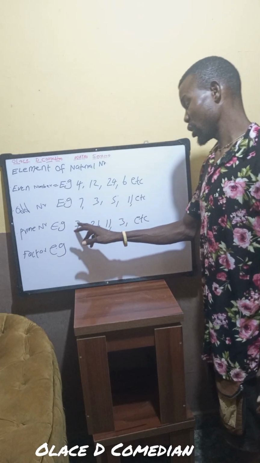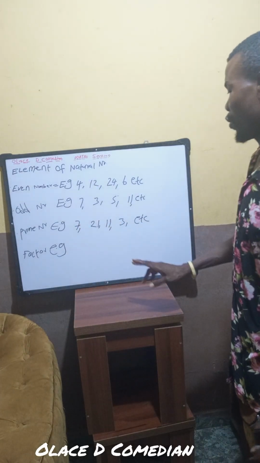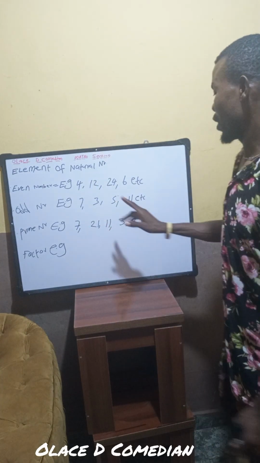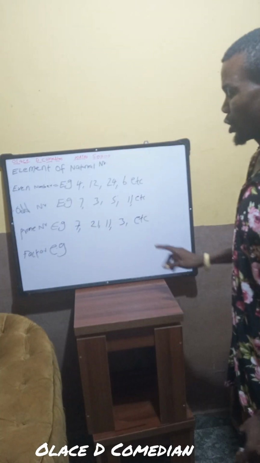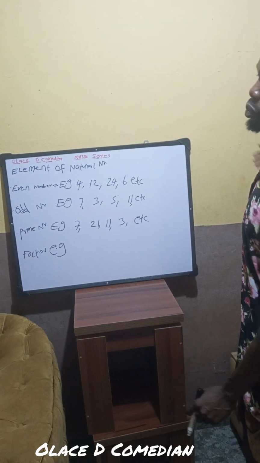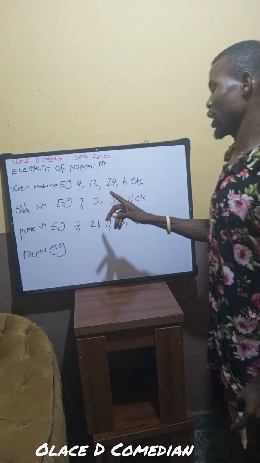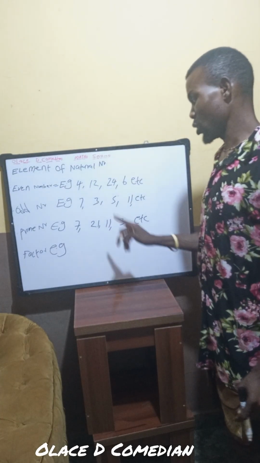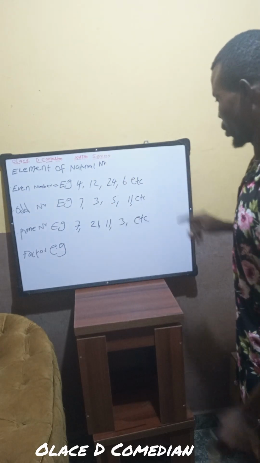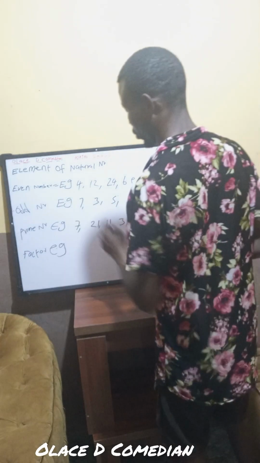This 7 can only divide itself. 21 can divide itself. 11 can divide itself. 3 can divide itself, etc. Etc. means continue. Any number that you cannot divide by 2, you put it either as an odd number or a prime number.